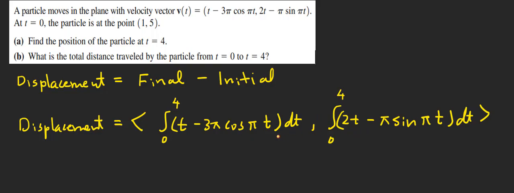Now, you could do this with your graphing calculator, and you're going to end up with 8, comma 16. Make sure you try it on your own with your graphing calculator, and you should get 8, comma 16.